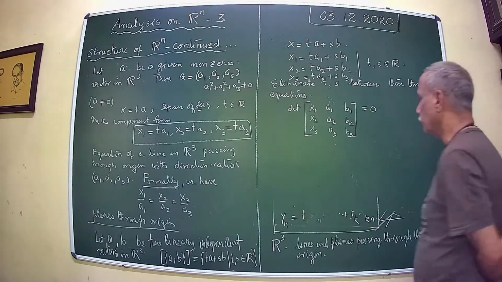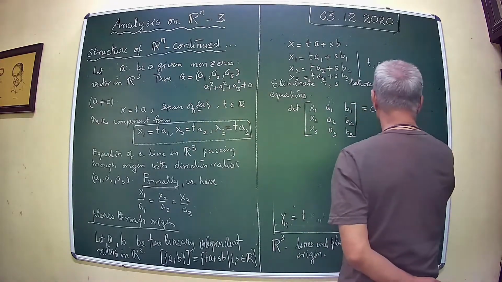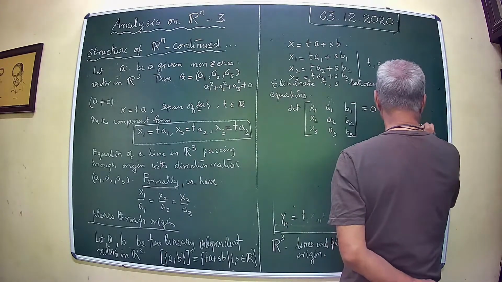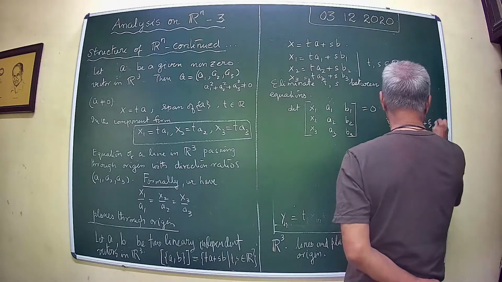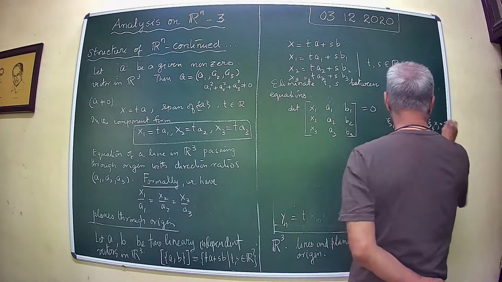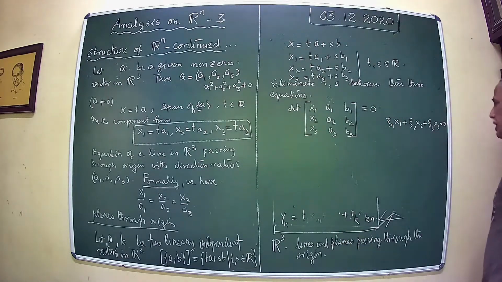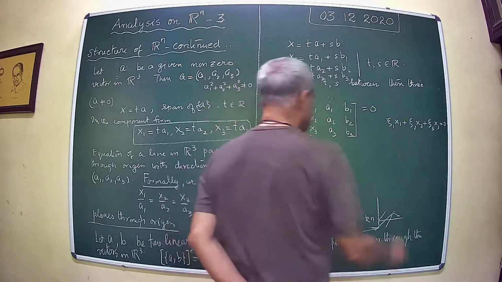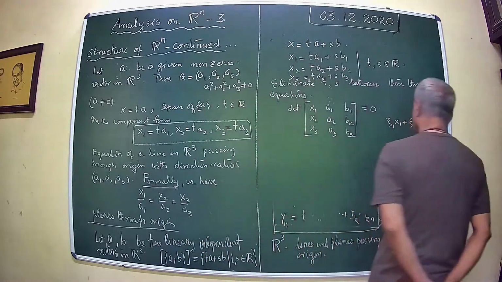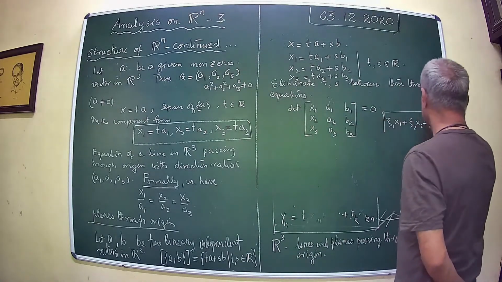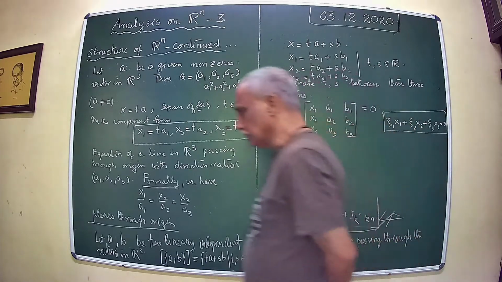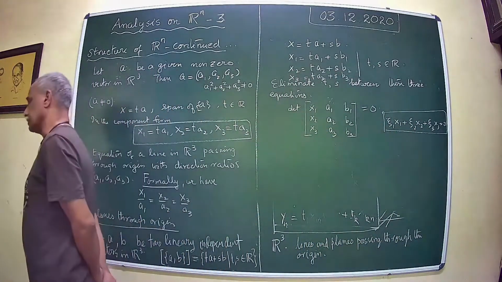Now this is of the form psi 1 x1 plus psi 2 x2 plus psi 3 x3 equal to 0, where psi 1, psi 2, psi 3 are determined in terms of A1, B1, A2, B2, A3, B3. It's very easy to find out. Okay, you know that this is a plane passing through the origin in R3.